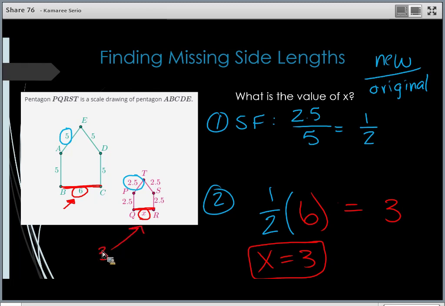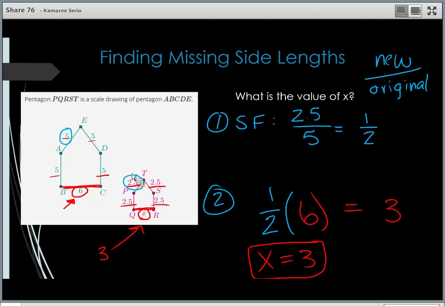Now, if you noticed, sometimes when you have questions like this, there are easier ways to look at it. If I look at this 5, all of these sides are 5, right? Here's a 5, 5, 5, 5. And if I look at this image here, this is 2.5, 2.5, 2.5, 2.5.